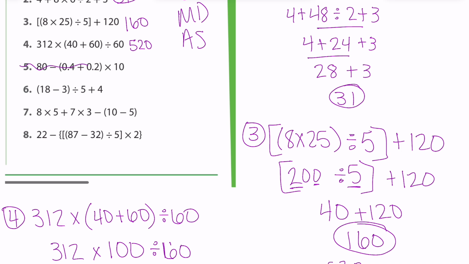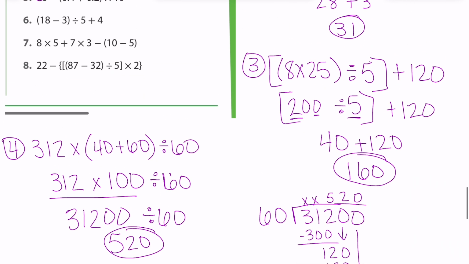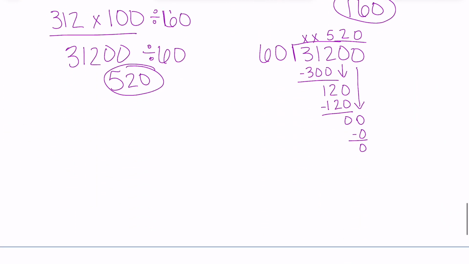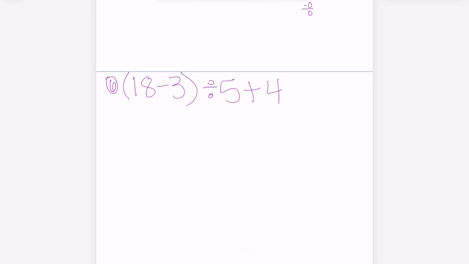Okay, we are not going to do number 5. Number 6, we have parentheses 18 minus 3, divided by 5 plus 4.